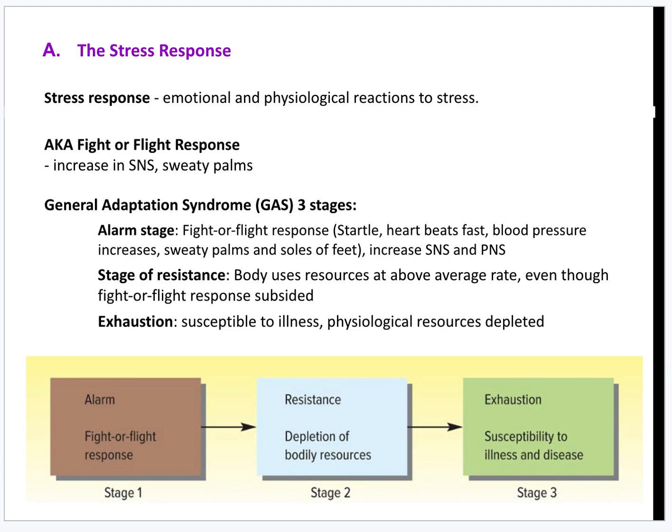Stage of resistance, once that is over, right? Your body uses resources at an above average rate, even though the fight or flight response has subsided. So even though the situation has kind of passed, or you're still in it, you're still depleting your bodily resources, okay?